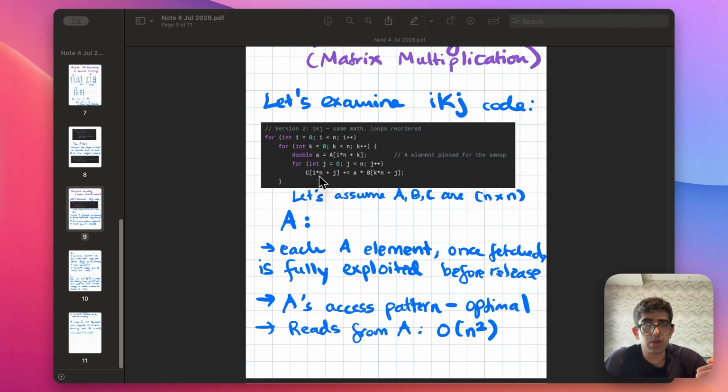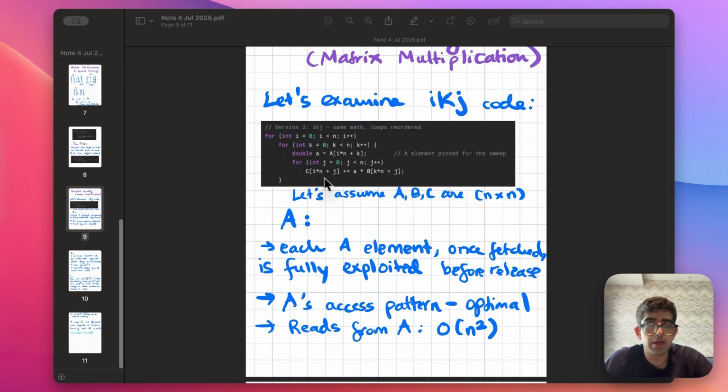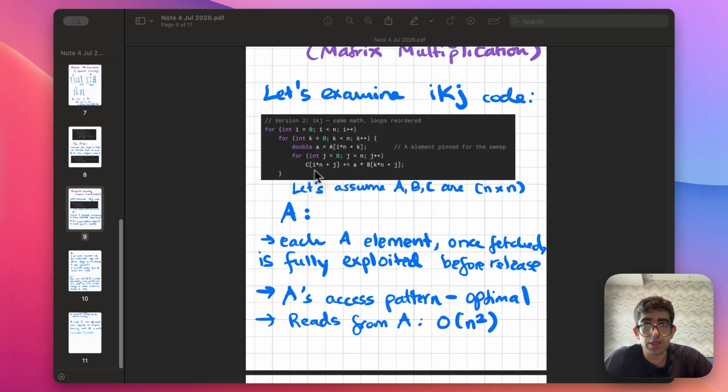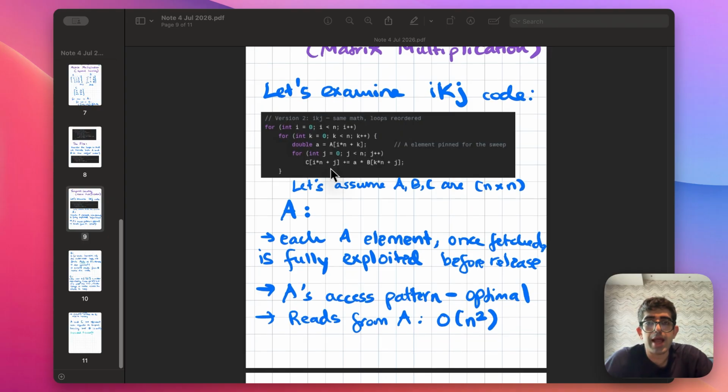And although this looks a little bit inefficient because the writes happen for a particular combination of i, j across this middle k loop, the important thing to keep in mind is that the writes actually happen in row major order, which means that across the k loop, this particular row of C is resident in cache. And thus, we don't need to go to main memory for performing the fetches of C of i, j.